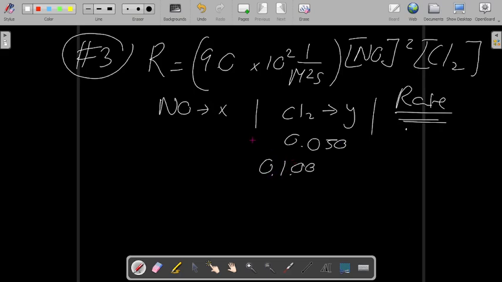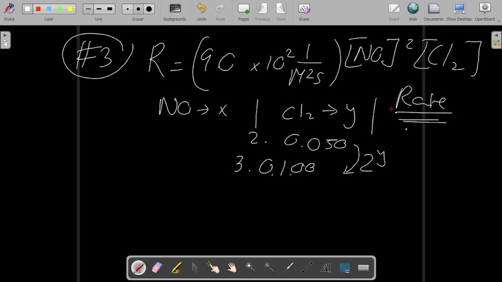Okay? So this is trial 2 and trial 3. So we need to concentrate on what happened here. Here it happens that it doubled. I should put a y. Okay, I'm sorry. I need to be consistent here. So it doubled, and we need to find how this doubling affected the rate.